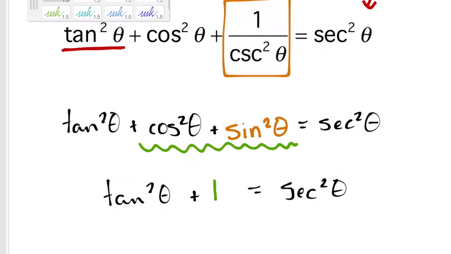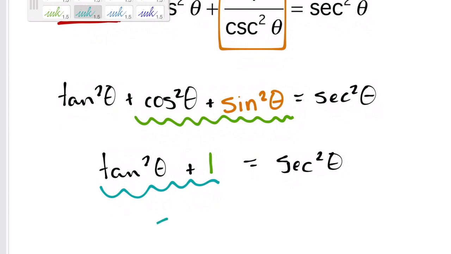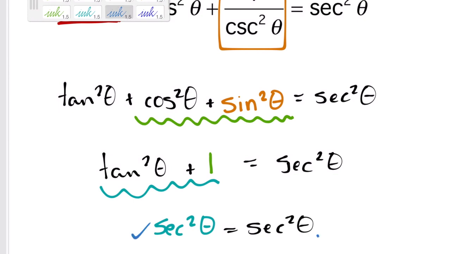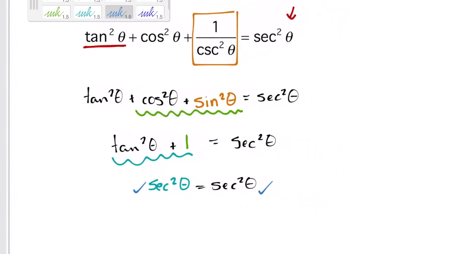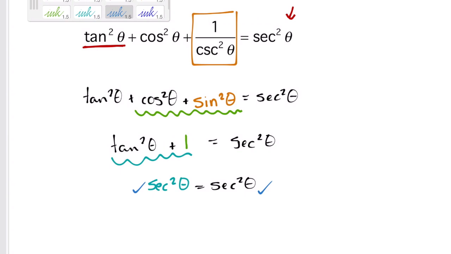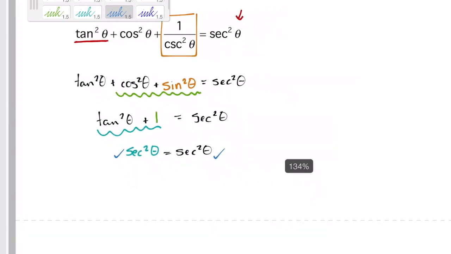And because of the Pythagorean identity that I showed up above, I know that tangent squared theta plus 1 is equal to secant squared theta. Now my two sides of the equal sign are identical, so I'm finished. Ta-da! I've proved it because I'm smart, and I know my identities because I practice with them a lot.